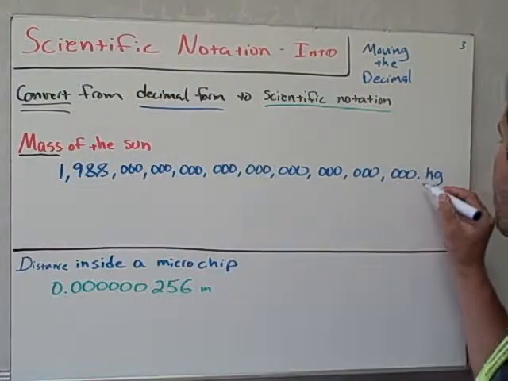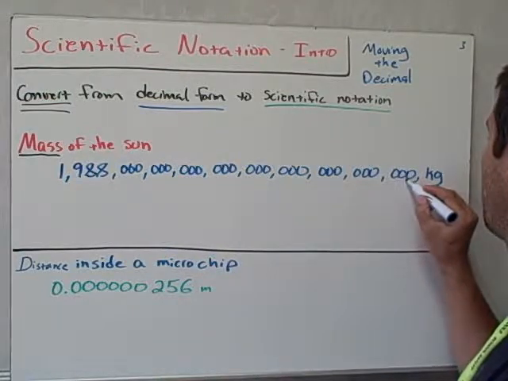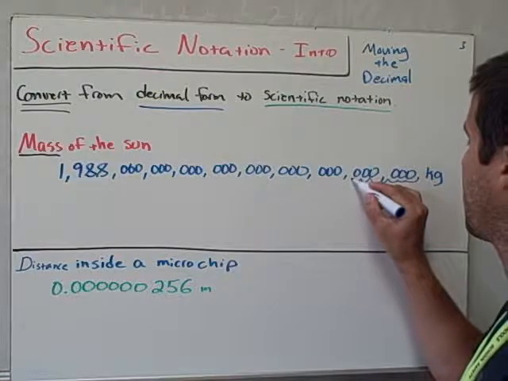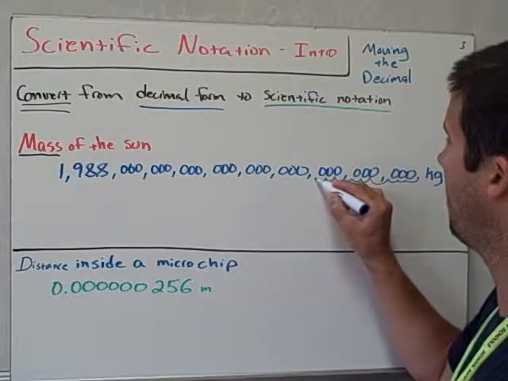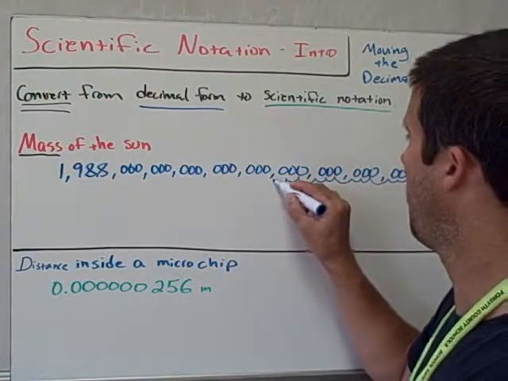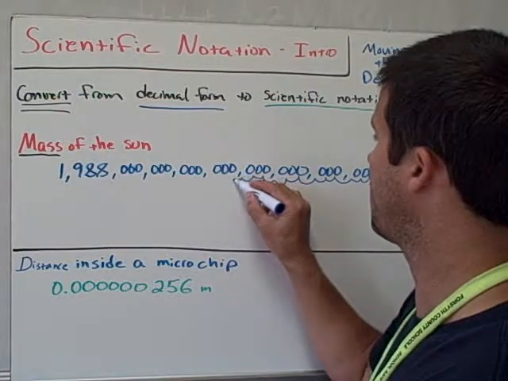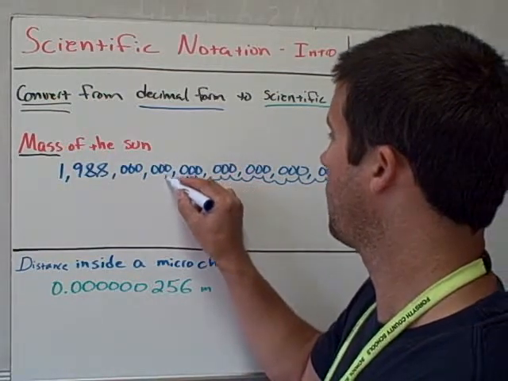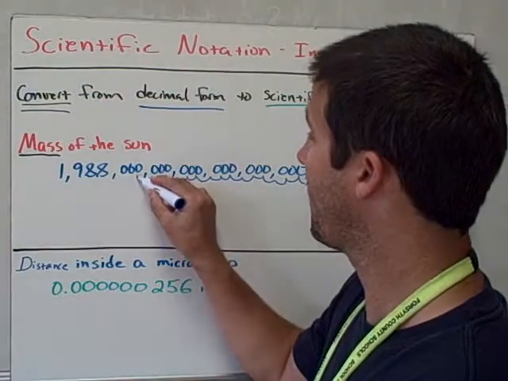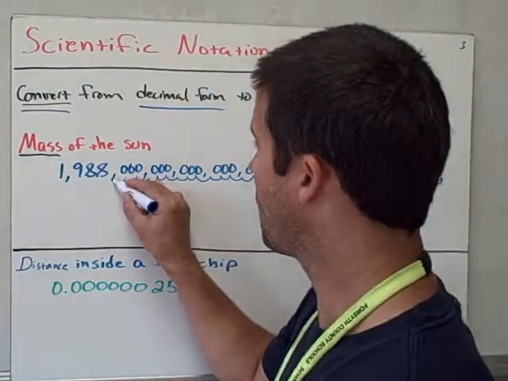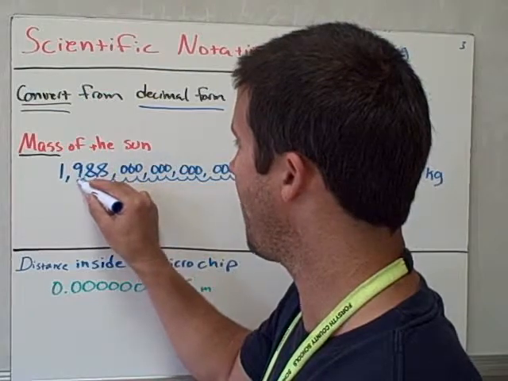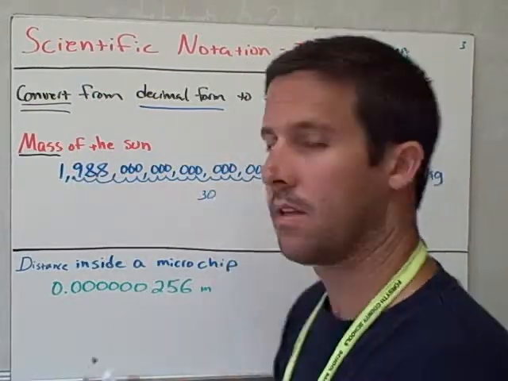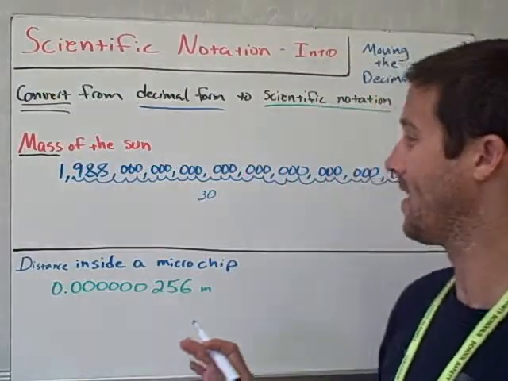Okay, here we go. 1, 2, 3, 4, 5, 6, 7, 8, 9, 10, 11, 12, 13, 14, 15, 16, 17, 18, 19, 20, 21, 22, 23, 24, 25, 26, 27, 28, 29, and 30. I'm going to write that number down real quick before I forget. 30. I don't want to count that again.